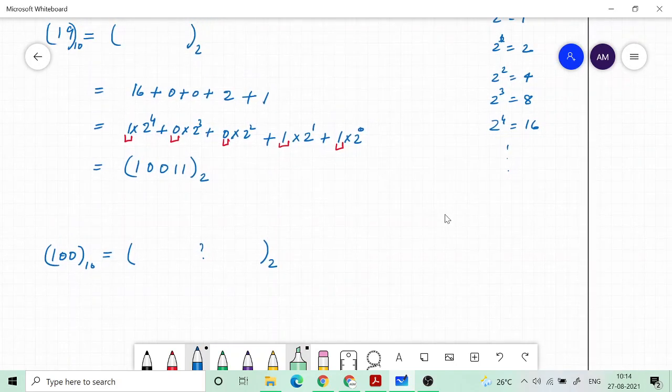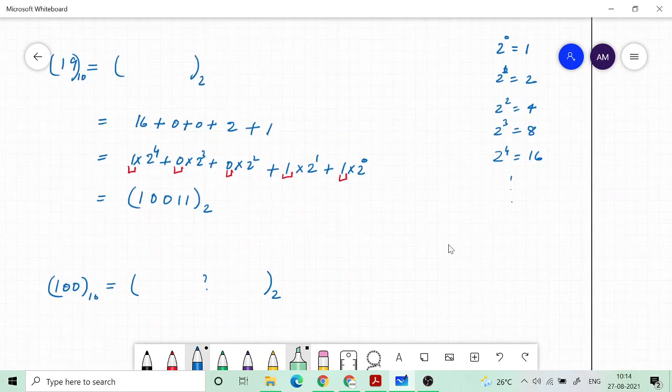Okay, so what I said earlier, we need to break it down into components. So you have 2 raised to 5, which is 32. You just keep on doubling it, so that way it is easier. 2 raised to 6 is 64, and 2 raised to 7 is going to be 128, and so on.